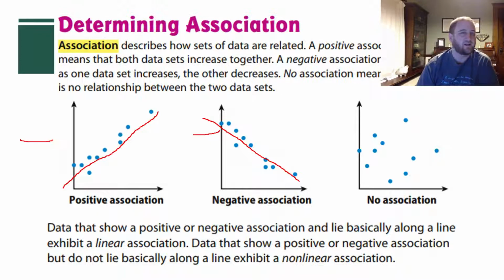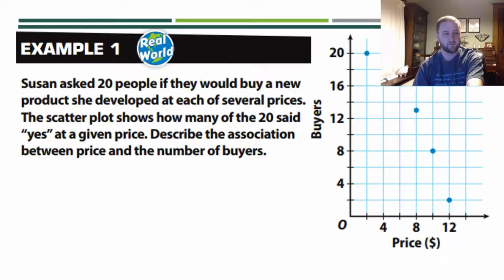They're not exactly linear, but they're pretty close to having a linear association. And then data that show a positive or negative association but do not lie basically on a line exhibit a nonlinear association. I'll show you in a little bit an example of a nonlinear association. Basically, it's going to be some sort of curved association.